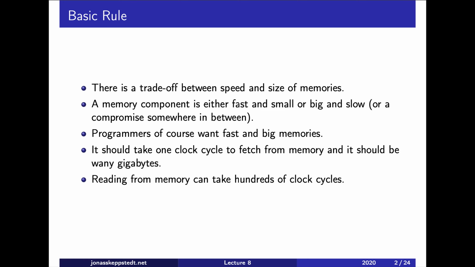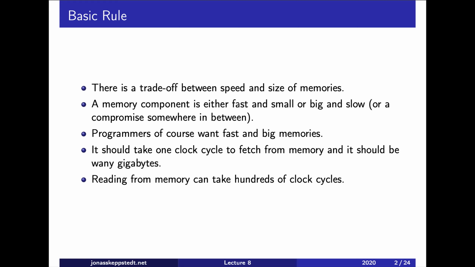So, in general, there is a trade-off between the speed and size of memories. Either it is fast and small or big and slow as a basic rule, or some kind of compromise. As programmers, we want, of course, fast and big memories, and it should take one clock cycle, or the equivalent of doing an arithmetic instruction, to fetch data from memory, and it should be huge.